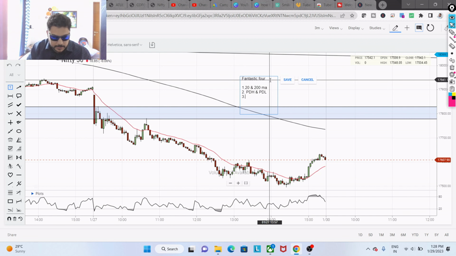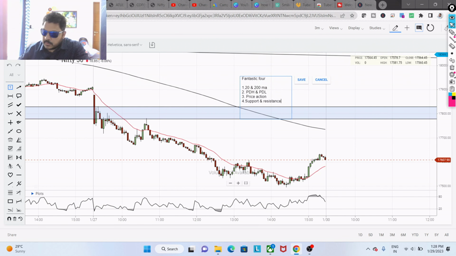Three is your price action. Four is support and resistance. These are the four things which are called the Fantastic Four.